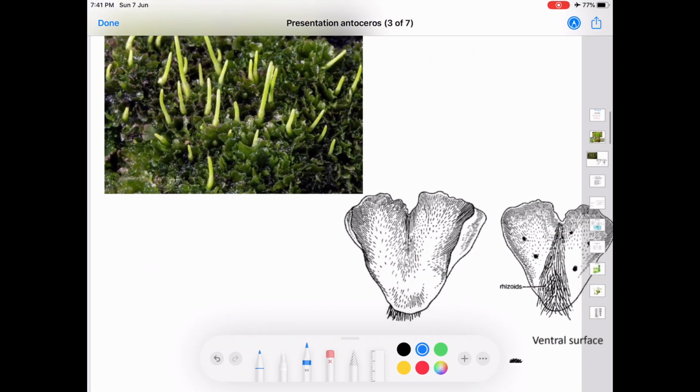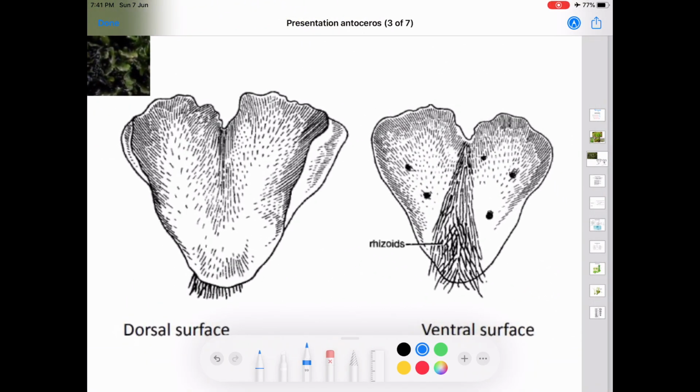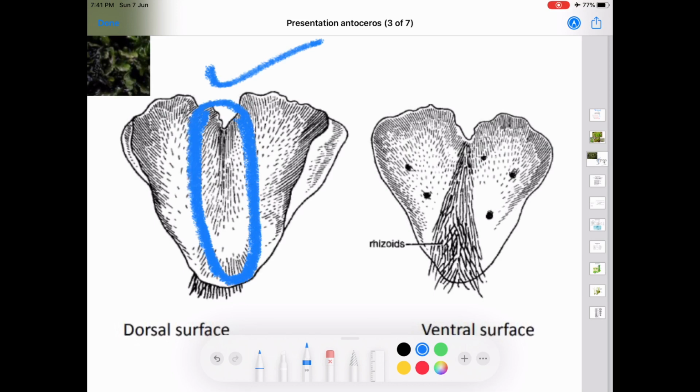That is, it has a dorsal or upper surface and a ventral or lower surface. The dorsal surface is smooth and carries a thicker middle portion, which flattens towards the margin.